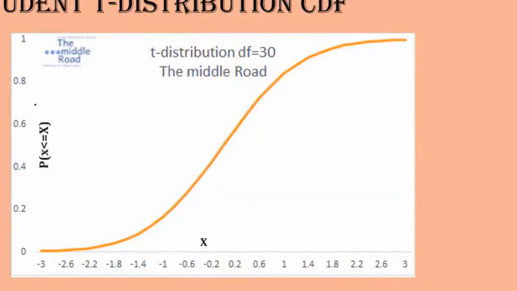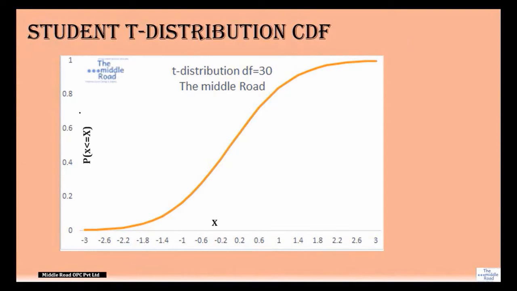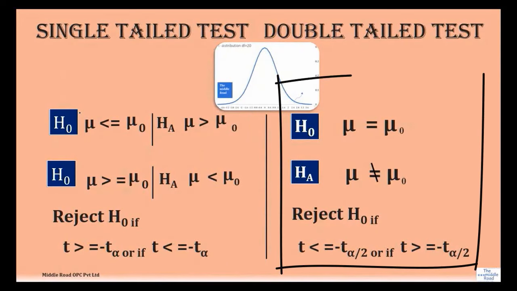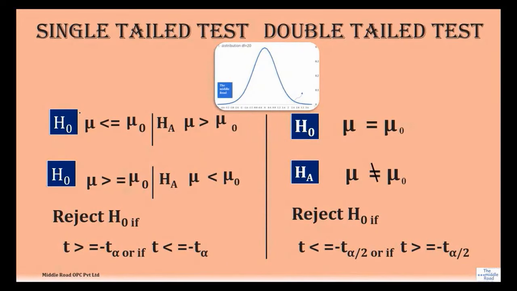Here I'm talking about the cumulative distribution function, the CDF. You're looking at the probability of a variable being less than or equal to X on the left-hand side. So it gives you the probability on the left-hand side when you are looking at the T-distribution with this function. Completely the same thing as we have done before. You have a single-tail test and a double-tail test. You will be using the null hypothesis and alternative hypothesis.